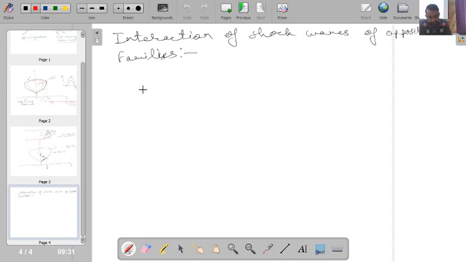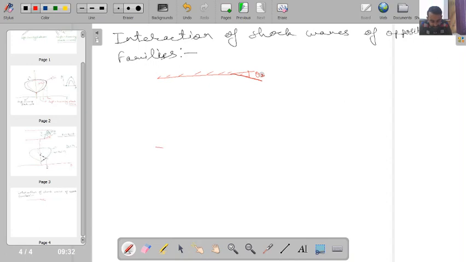So let's consider a situation that I have a surface and it is having a compression corner at an angle theta 2.